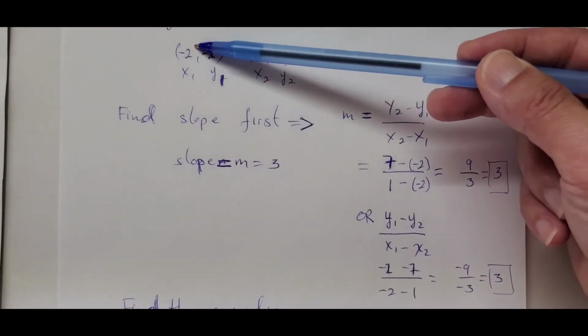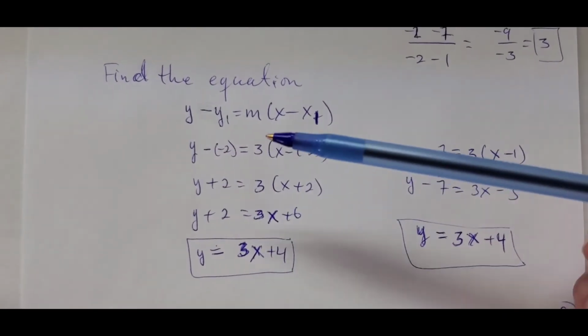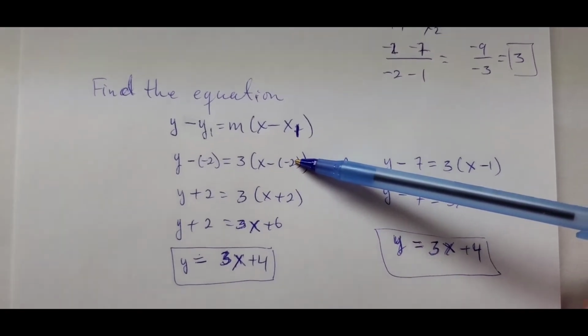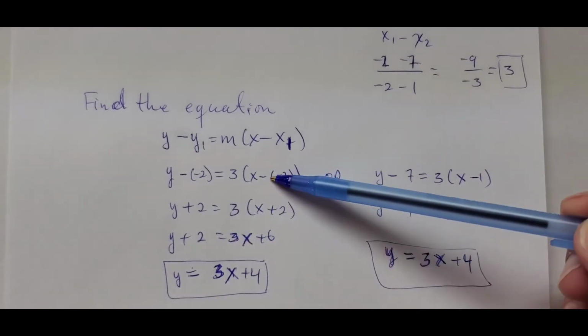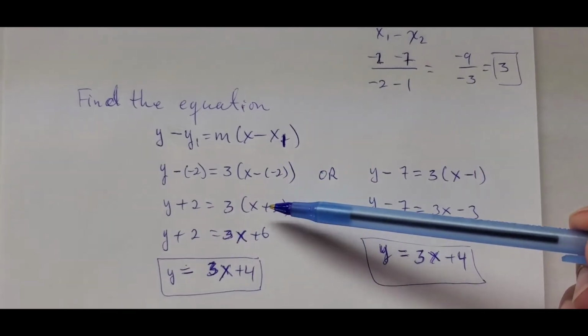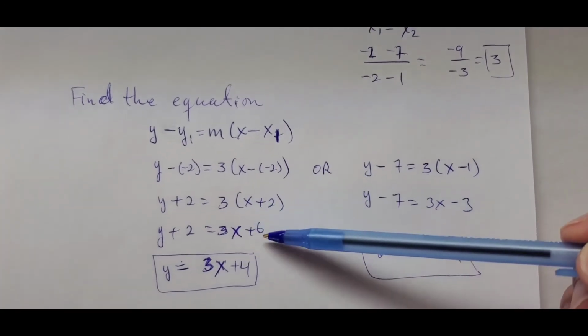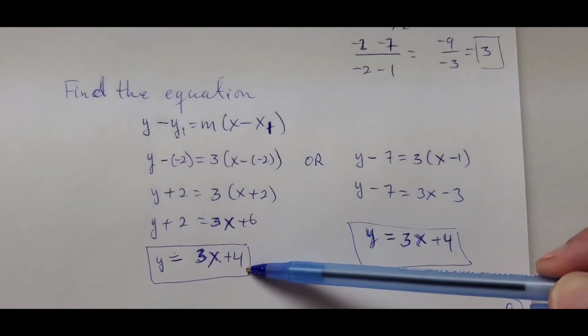If you have double negatives, make sure you put in parentheses here and also here. Negative and negative is +2. Distribute it, so I have 3x plus 6. Then -2 over gives me 4.